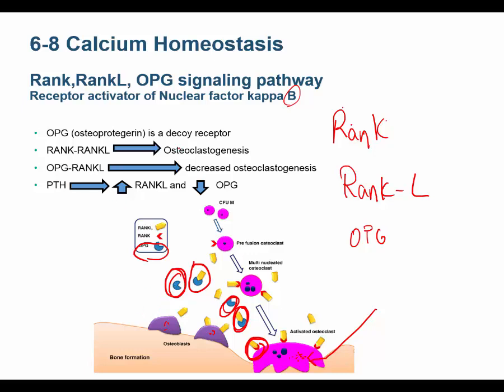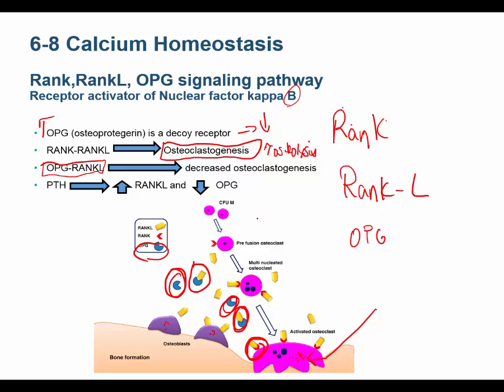So RANK L leads to osteoclastogenesis, making osteoclast. Therefore, RANK to RANK L increases osteolysis. Whereas increasing OPG decreases osteoclastogenesis. Right here. OPG to RANK L decreases osteoclastogenesis.